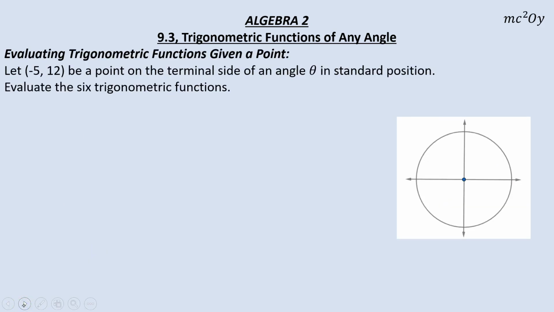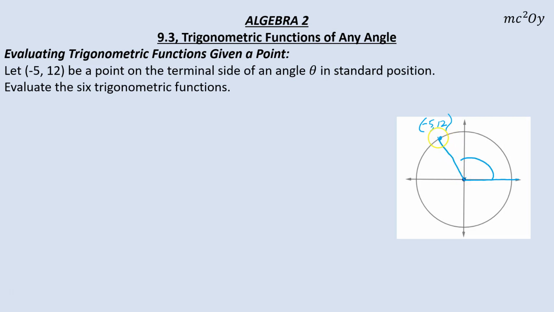Okay. So let's go ahead and evaluate this. If I had a coordinate negative 5, 12, I'm going to put it in the correct quadrant there, negative 5, 12. And I want to think of an angle being swept out by theta from standard position.